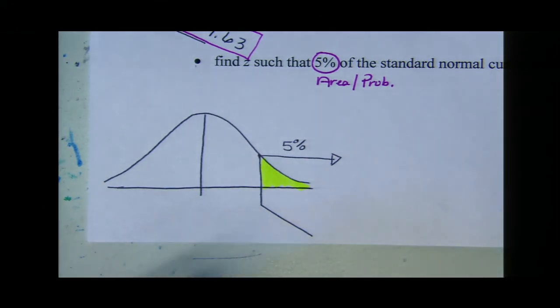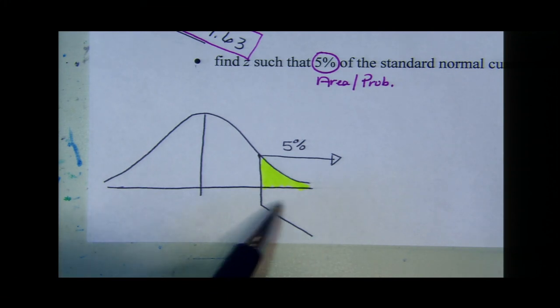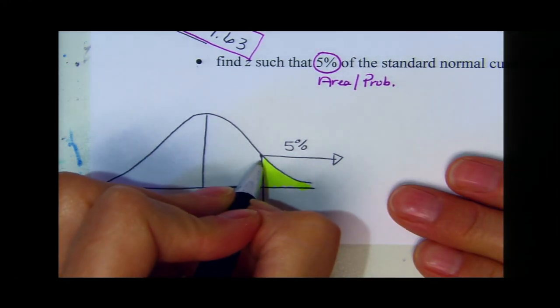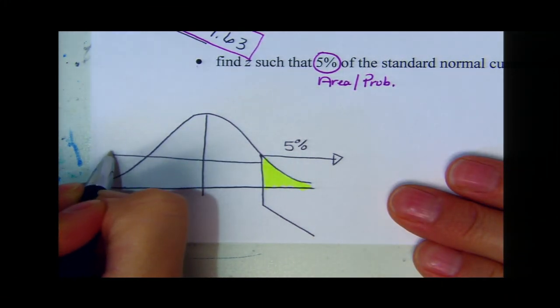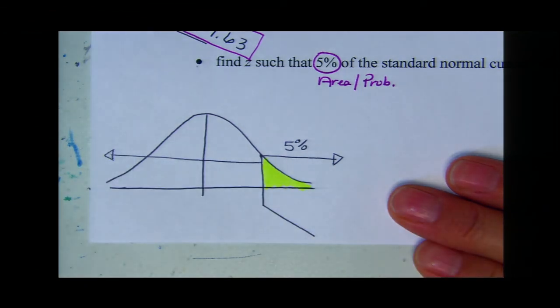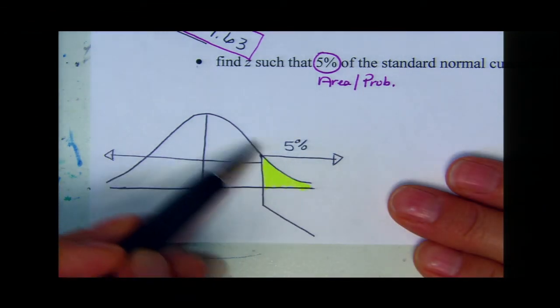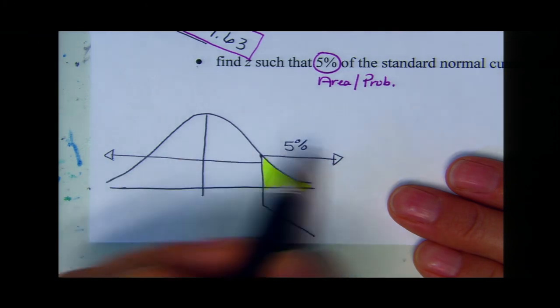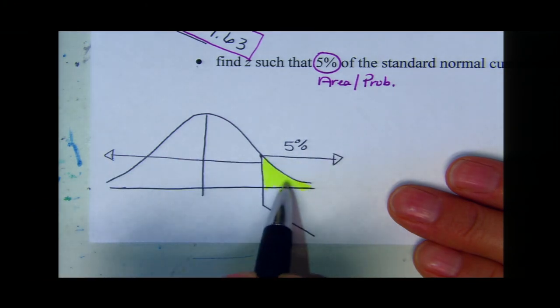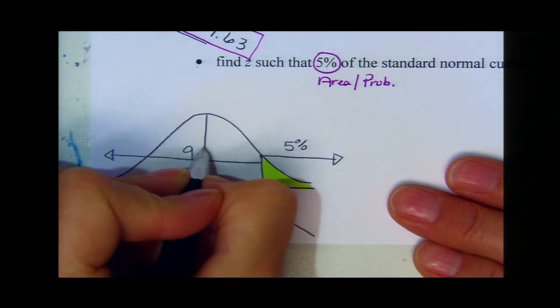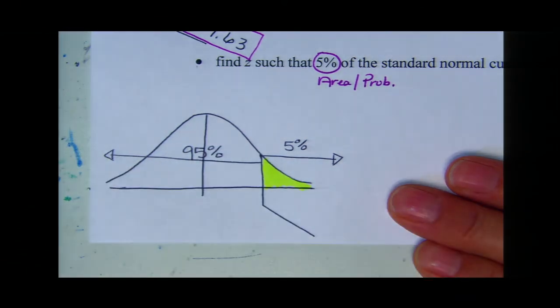Well, my table is a left-tailed table. So in order to find this z-value, I need to know how much area lies to the left. Well, if the total area under the curve is 100% and this in yellow is 5%, then I know this has to be 95%.